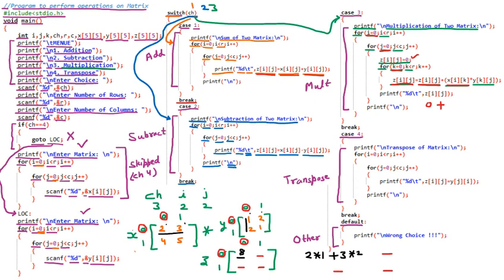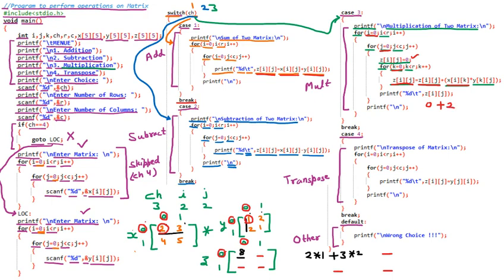You see X's i value is 0 and k value is also 0. So I am talking about this 2 into Ykj, that is this one. So 2 into 1, that is 2.